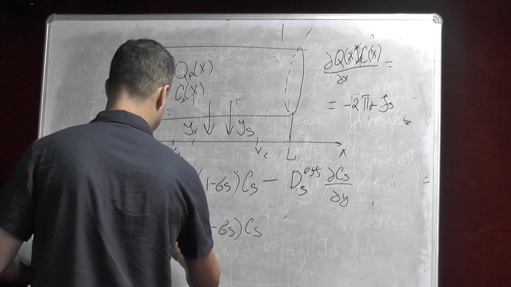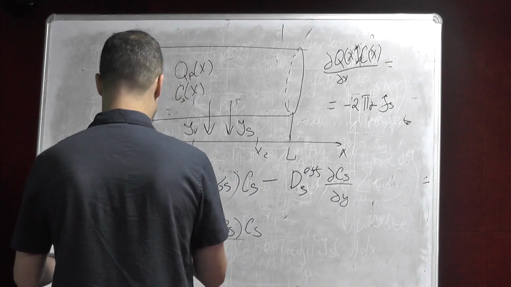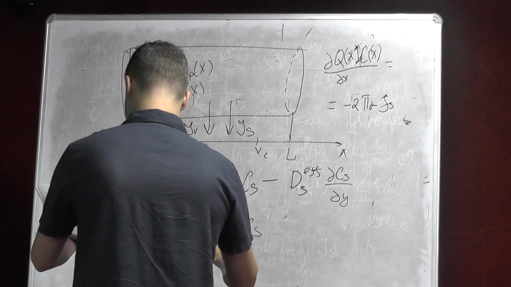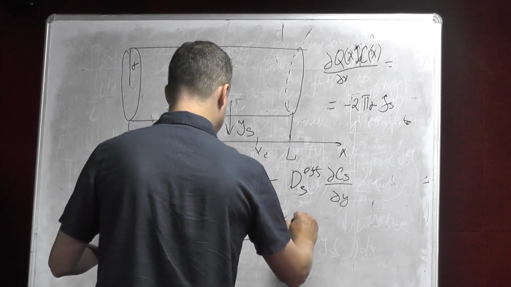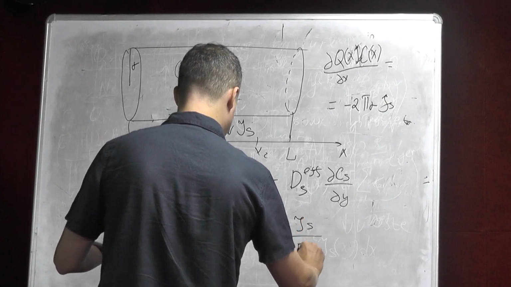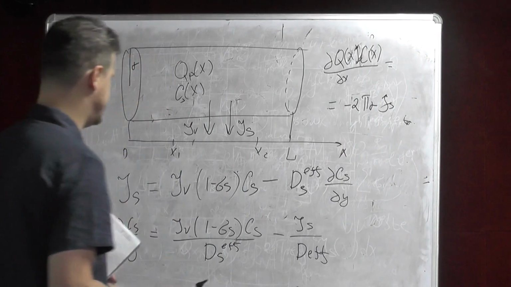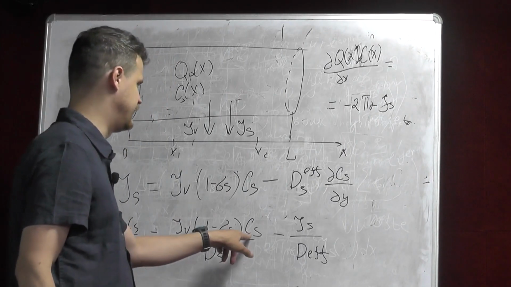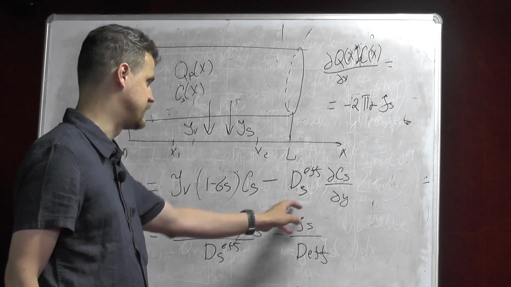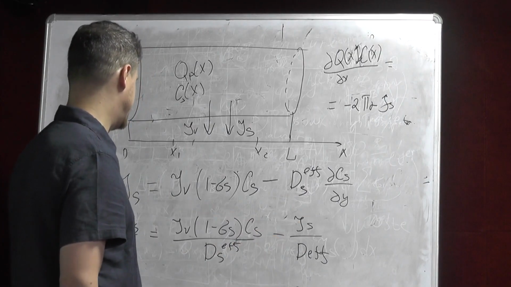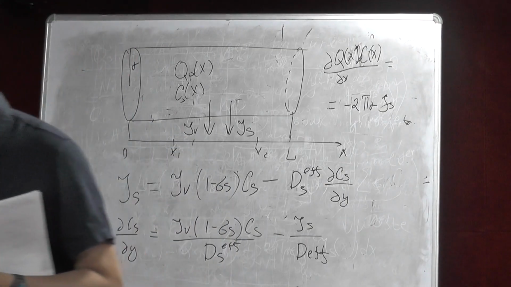If we just group dy and dC over the C terms, we have a value that we have to describe, and some constant, and that's a type of differential equation that can be solved by the Lagrange method or the Bernoulli method.